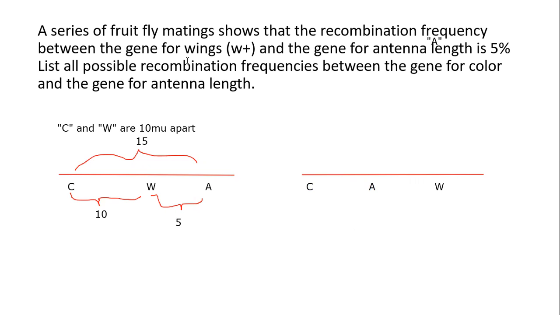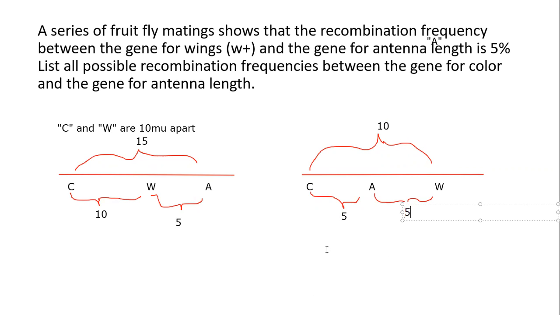So in this instance, I might write an annotation for C to A, and A to W, and then C to W. You just want to make it very clear that you know that this is additive and what the actual recombination frequencies are. From C to W we said was 10, and we could propose that another recombination frequency between C and A would be 5.